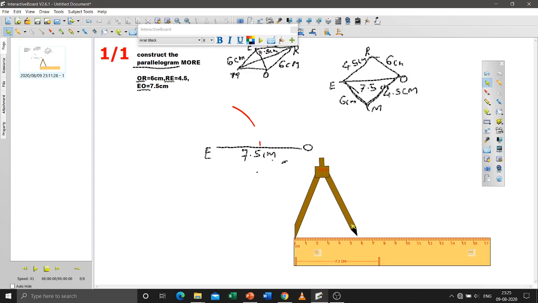Now a little bit more we have to open. You can see the opening of our compass is exactly 6 centimeter. Now by taking O as a center, we'll draw an arc.